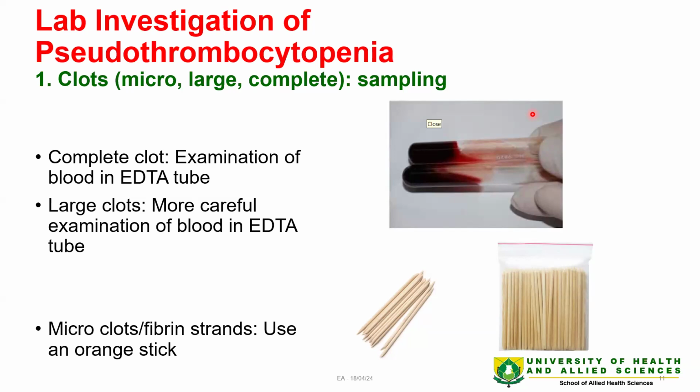So like I have already mentioned, the clots may range from micro to complete clots. For a complete clot, if you examine the blood in the EDTA tube, you just realize that there's a very large clot inside the tube. What this actually means is that before you run any sample that comes to the bench, you always need to do a visual inspection of the sample.